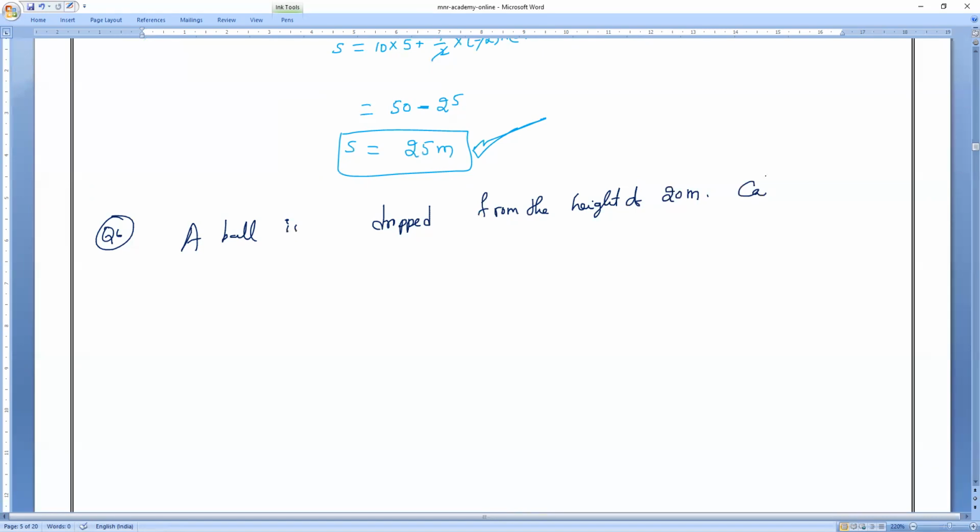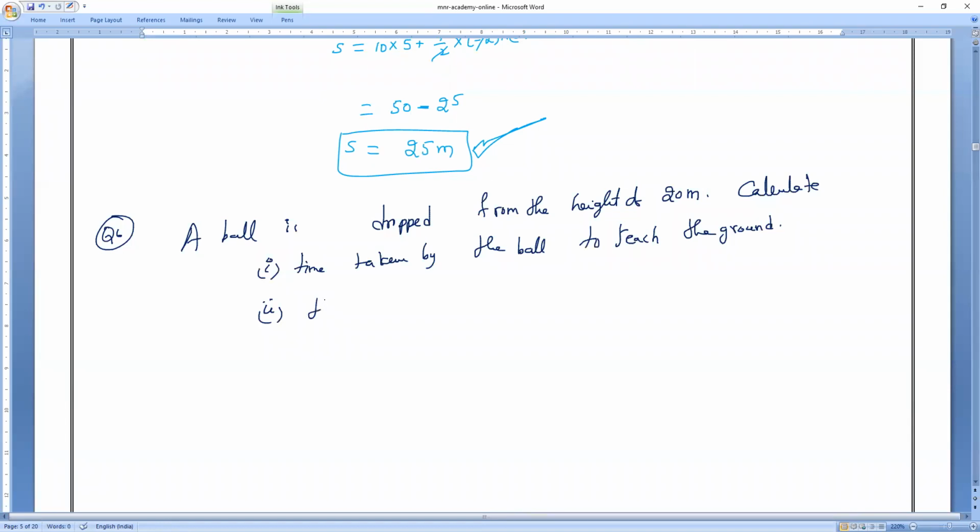Calculate, Roman number 1, the time taken by the ball to reach the ground. Is everything clear? To reach the what? Ground. Okay.